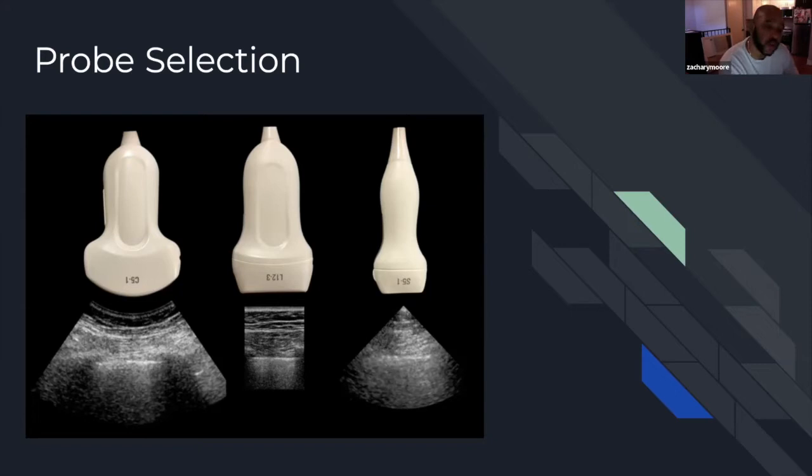You can use either the curvilinear or the linear for infants and small children. The linear might be a little more ideal for children, just because they don't have as much body mass and you don't have to look as deep for other pathology. So that's why most times people might use a linear for small children.